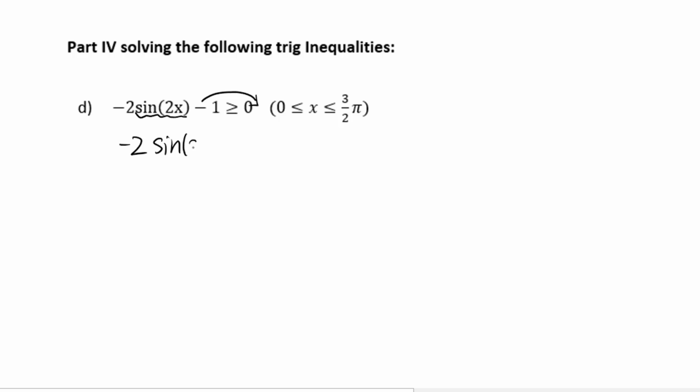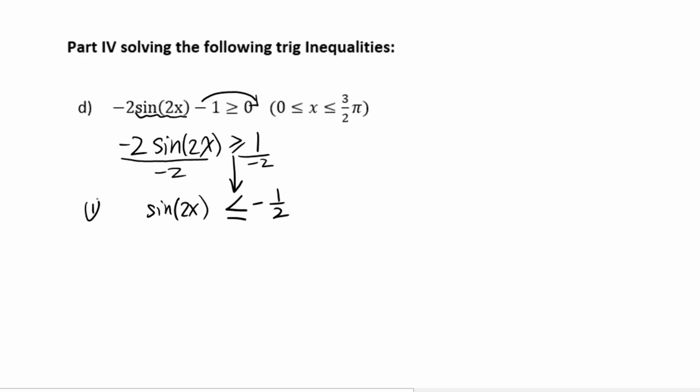You will get negative 2 sine 2x greater than or equal to 1. Then we divide both sides by negative 2. Since we divided by negative 2, we switch the symbol. Then we get sine 2x less than or equal to negative 1 over 2. That's the first step.